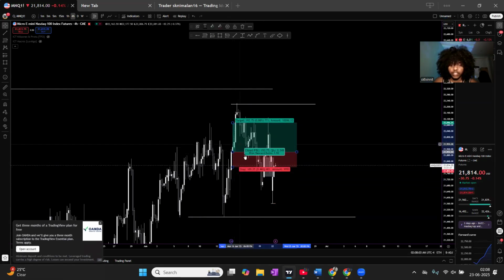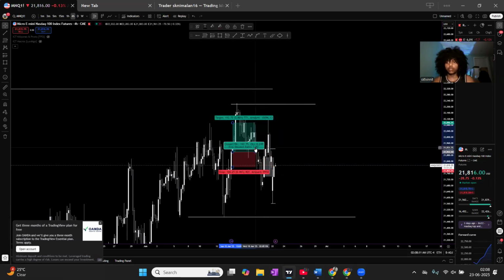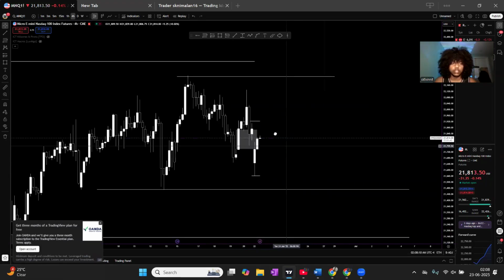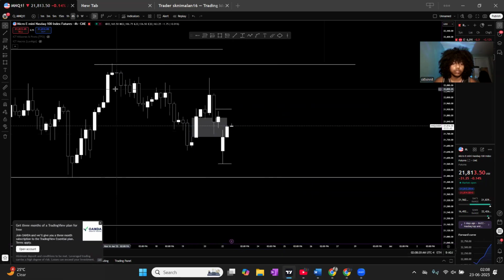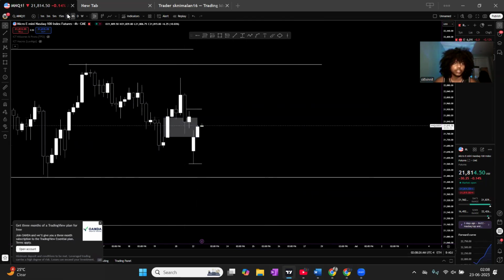If we created a fair value gap, look, I'm not joking, this is the forever model, bro. I'm telling you, it is what it is. Price is fractal. Same thing. Gonna look for sell entries.